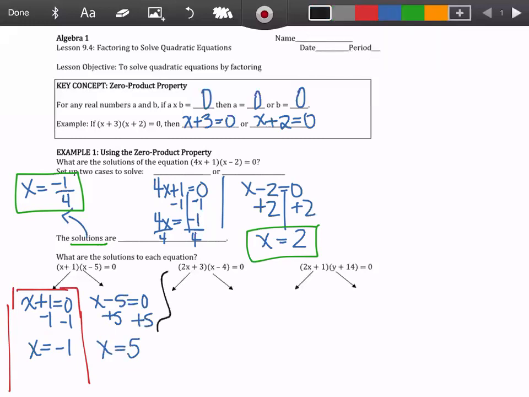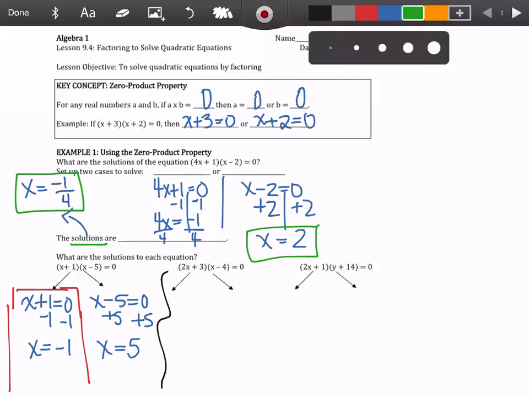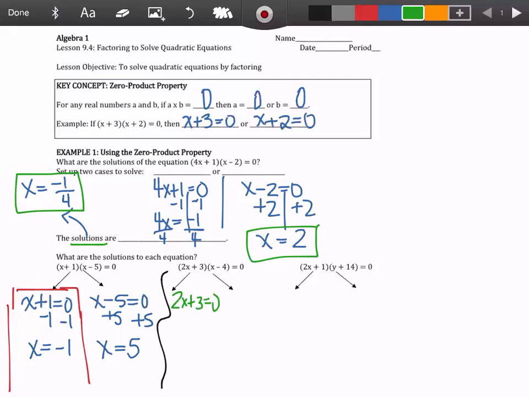And then this next one, same deal. We're going to take 2x plus 3, set it equal to 0, solve for x. x minus 4, set it equal to 0, solve for x. So on the left here, 2x plus 3 equals 0. To get x by itself, to balance the equation, we'll subtract 3.